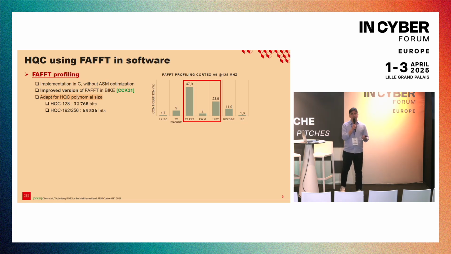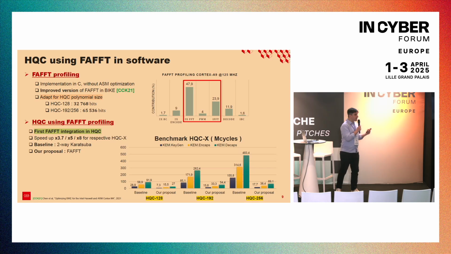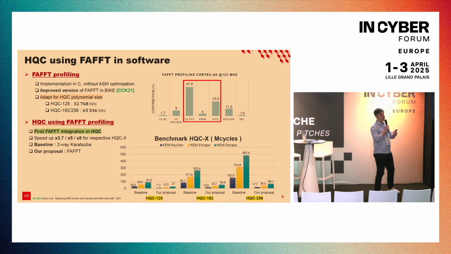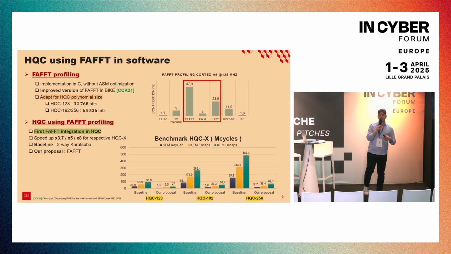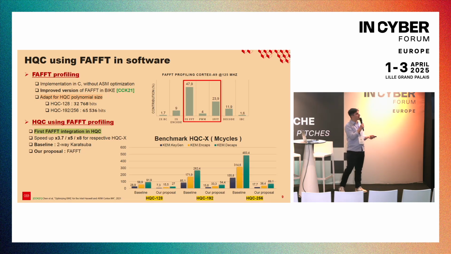And as expected, we identified the FFT and the inverse FFT as the main bottlenecks. Then, once implemented, we integrated it in HQC for all the NIST security levels. Comparing our result with the baseline reference implementation relying on the two-way Karatsuba, we show a performance speedup between 3.7 and 8.